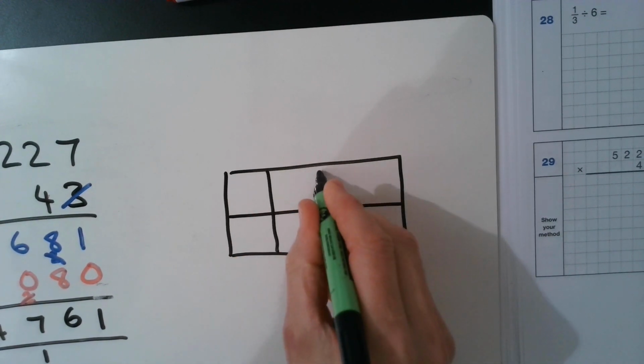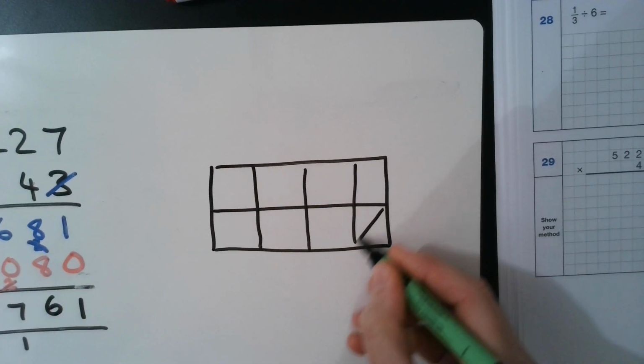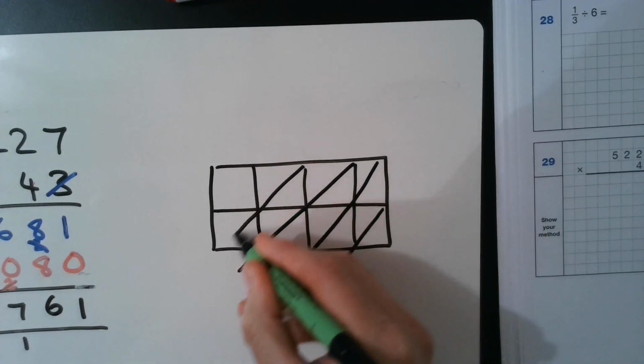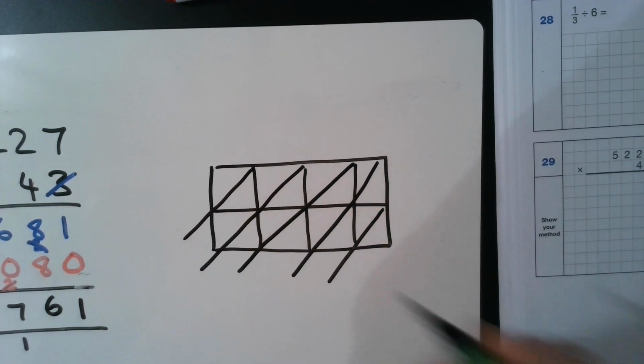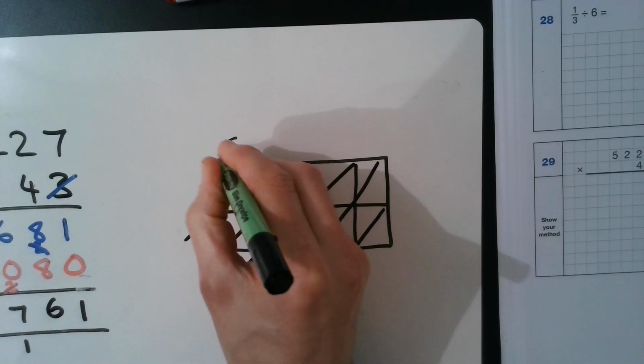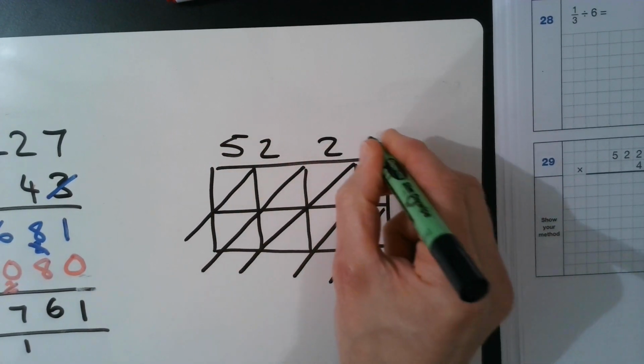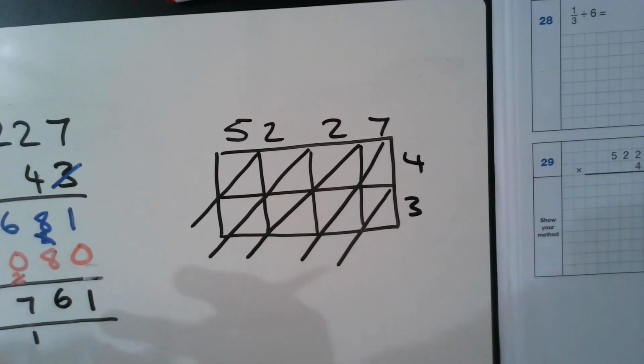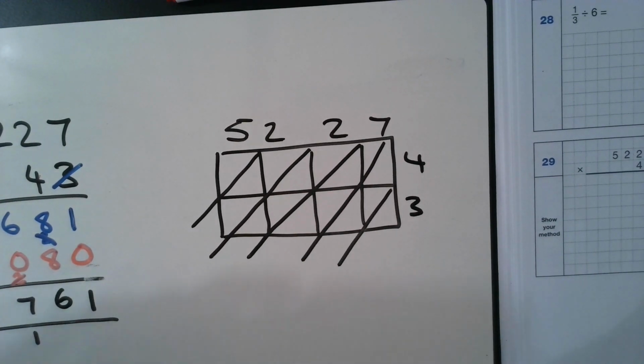And if you wanted to use the grid method, you would set it out like this, as that's the way many of you have been practicing at school. So 5,227 by 43. Your grid's often a lot better than that one.